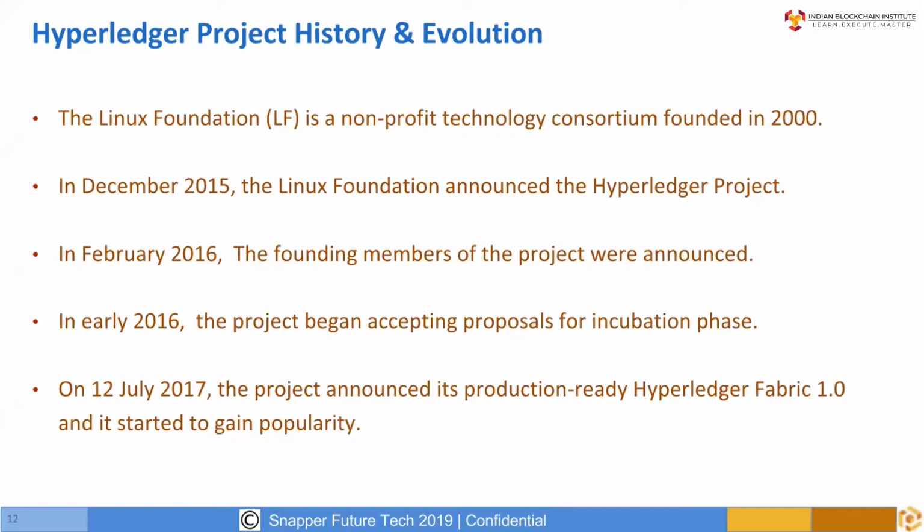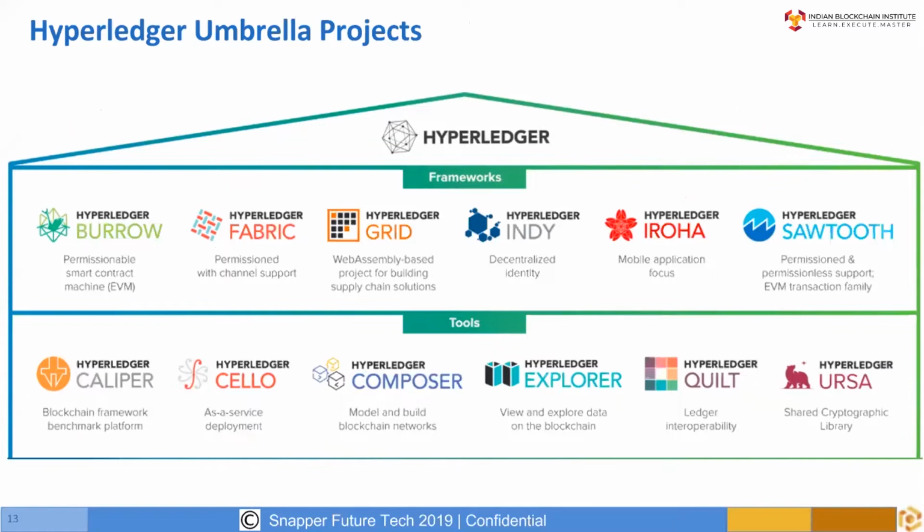These are the various projects, frameworks, tools and libraries under the Hyperledger umbrella. This diagram is an old one and I haven't updated it, so more projects have been added now. Earlier it was Fabric, and the other frameworks and tools were Explorer, Quilt, Ursa, Cello, Caliper.